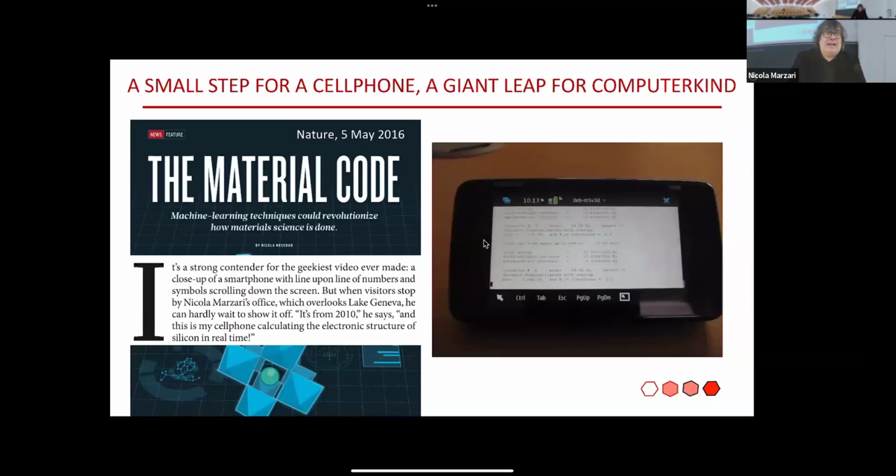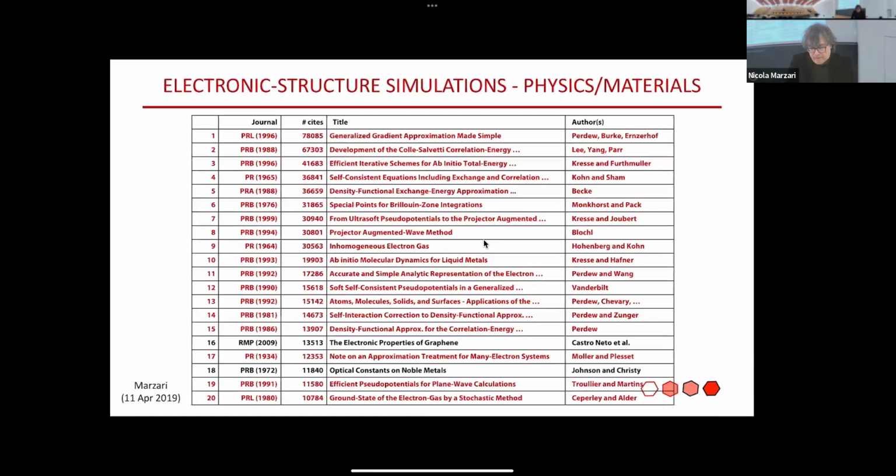And this was 2010, so it wasn't even remotely close to the power that cell phones have these days. That also means that this kind of simulation is really prevalent, not only in universities, not only in research laboratories, but in companies. You'll see tomorrow how much Google and Meta and Microsoft are investing in this field.